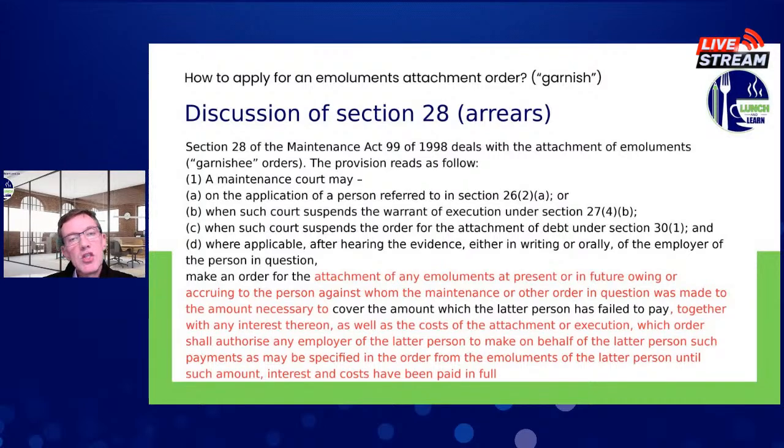That needs to be suspended before a garnishee order or emolument attachment order could be issued. This is just an amplification of what was already said in the previous webinar when we dealt with enforcement in general. But Section 28 would only be used to obtain a garnishee order when the respondent is in arrears.